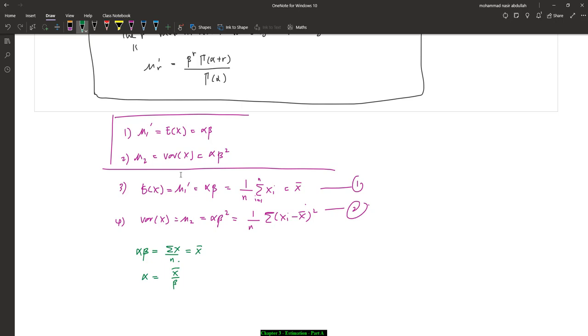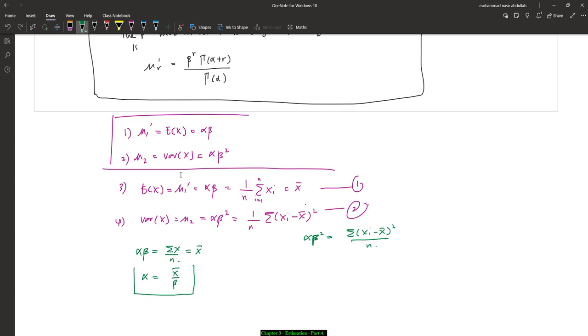So this is still unsolvable because we have a second parameter in the equation, right? So we want to eliminate the parameter symbol. So let's look at the second one, which is alpha beta squared equal to summation of xi minus x bar squared divided by n.